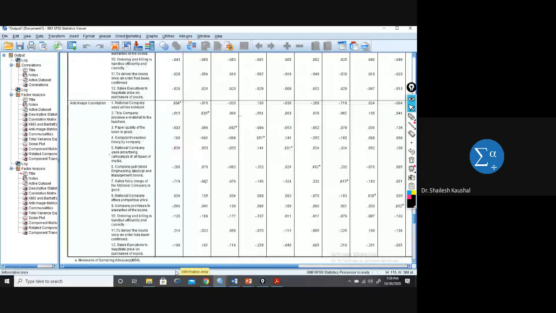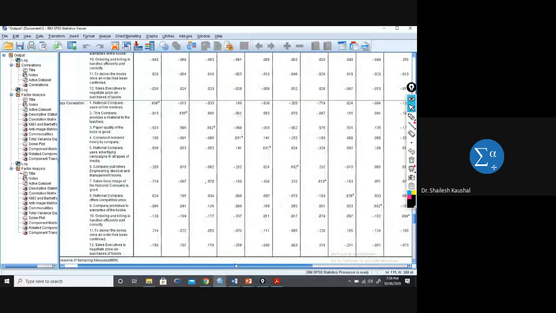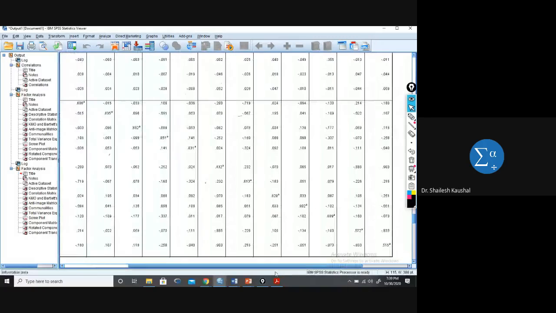Now we check the anti-image correlation, and here all the values should be greater than 0.5. So here we can see there is no problem, okay, okay, okay, but this one is not okay. Okay, okay, okay, all the values are good, desirable for our study.